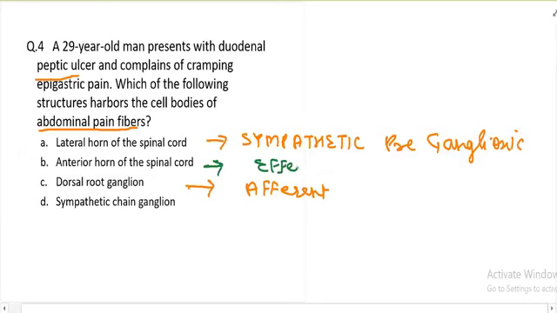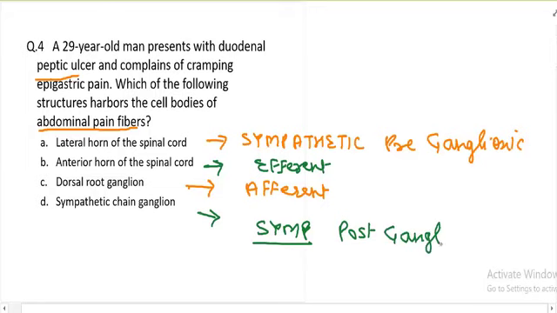And sympathetic chain ganglion, as we know, contains the sympathetic postganglionic fibers. Most of the time relay is there. Sometimes relay may not be there, but most of the time in the chain of ganglia, preganglionic fibers are going to relay, so it contains sympathetic postganglionic fibers. Question is asking about the abdominal pain fibers, cell bodies. Answer will be C.